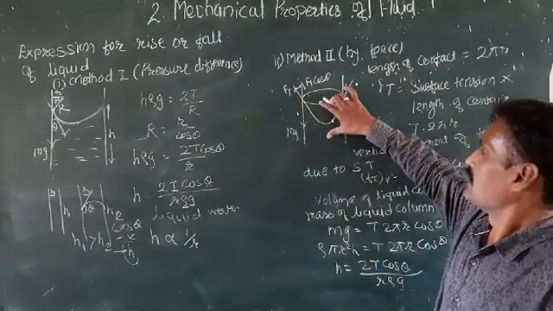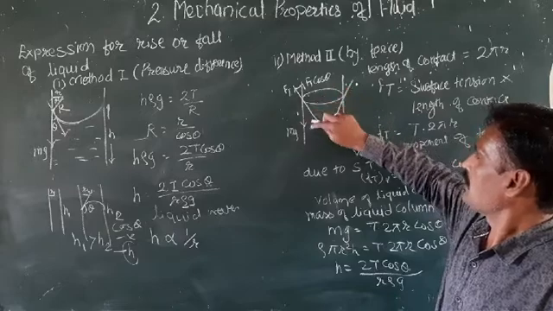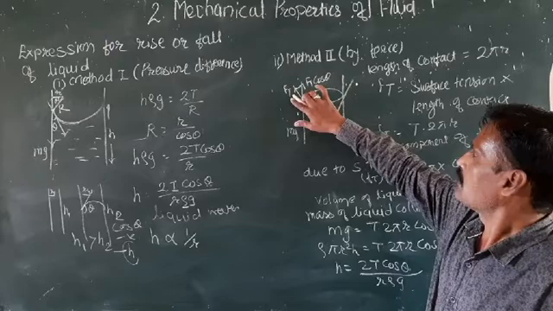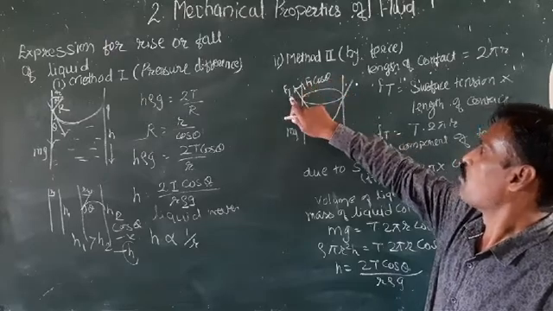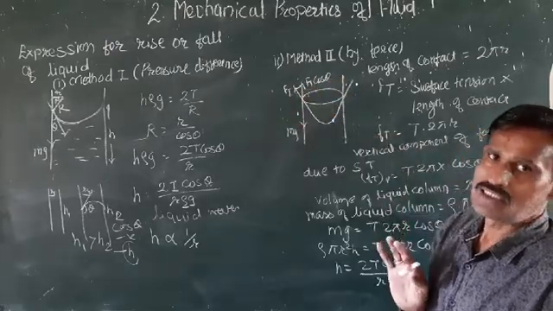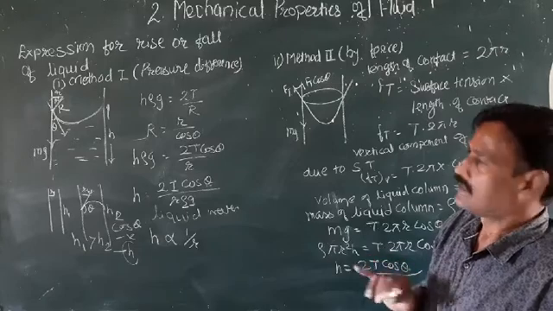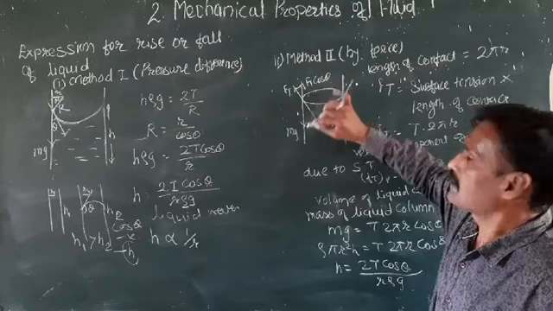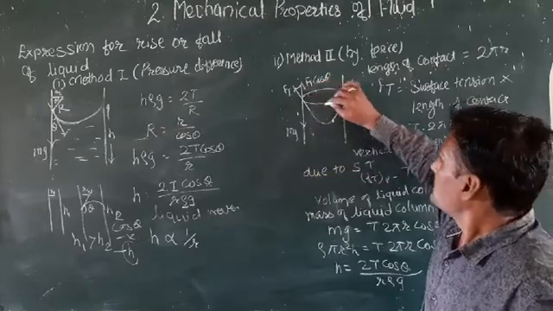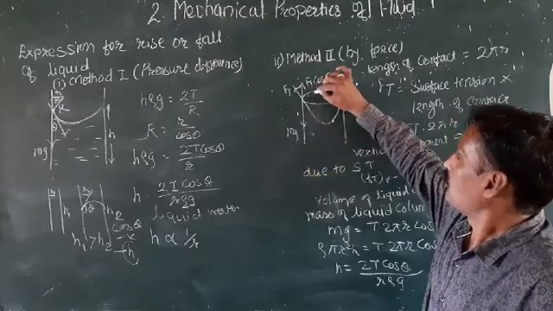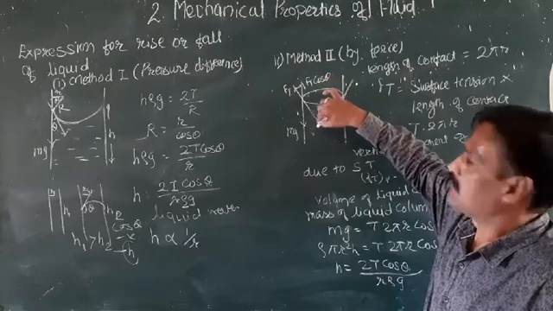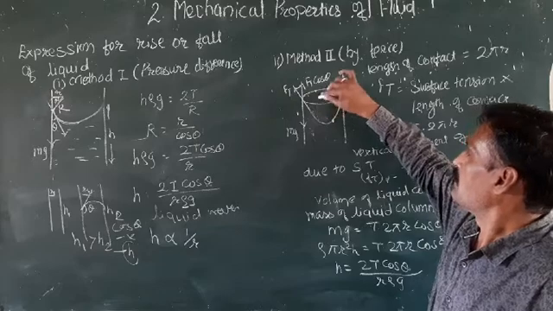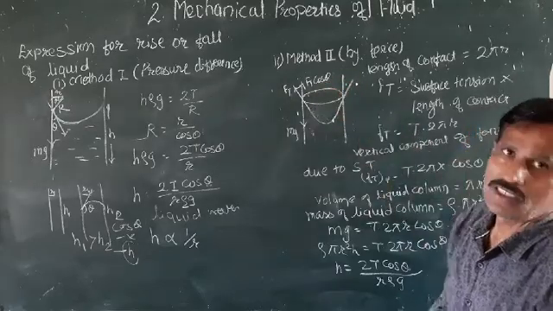In this case, the weight of the liquid in the capillary tube is balanced by the vertical component of the force due to the surface tension. Here, water is rising, or liquid is rising, in the capillary tube. Here is the surface tension which balances the weight of the liquid column in the capillary tube.